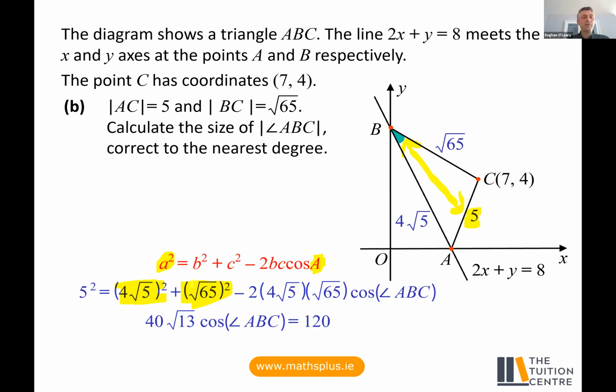I will have a minus 120 at that point. But when I multiply out my minus 2 times 4 root 5 times root 65, that's going to give me a minus 40 root 13 times cosine of angle ABC.